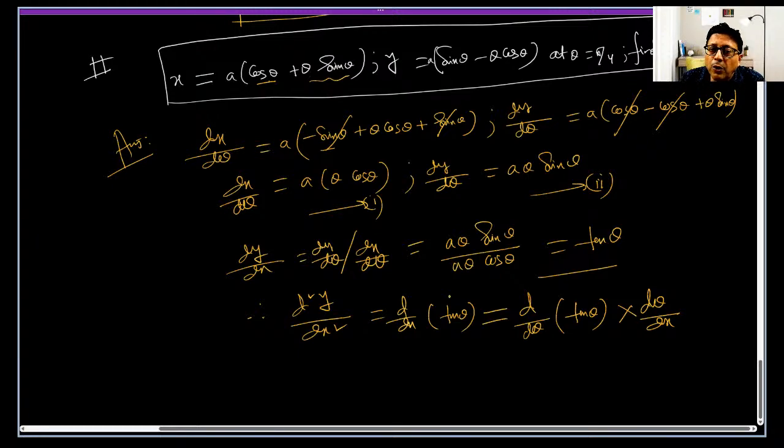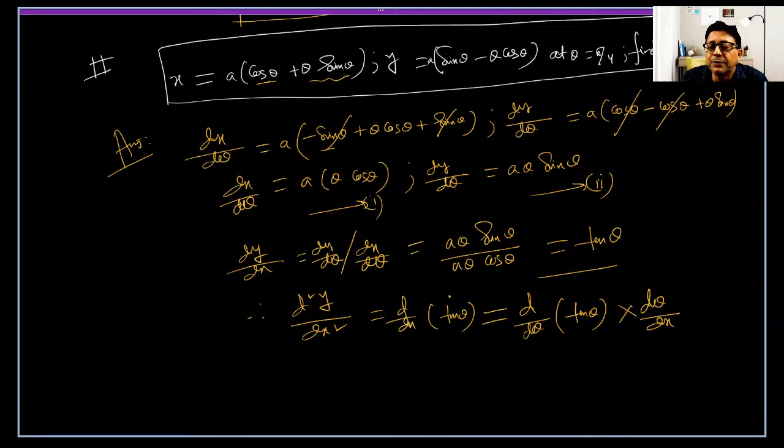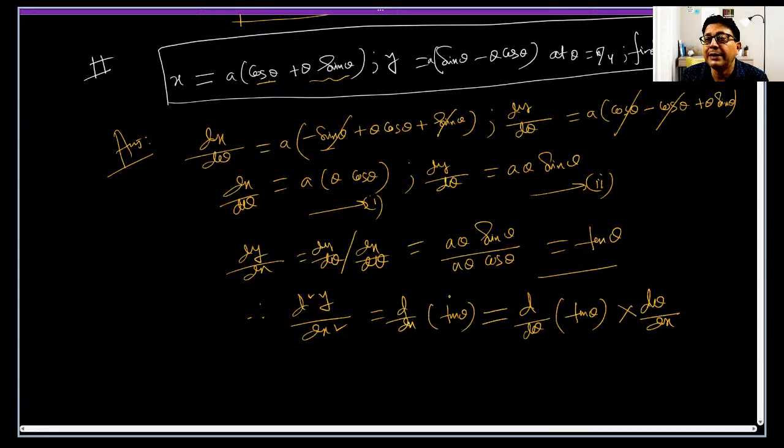So hope all of you will remember that as this one is a function of theta and you are differentiating with respect to x, you need to multiply it by d theta by dx. Clear? So this will be sec square theta multiplied by d theta by dx. What is d theta by dx here?